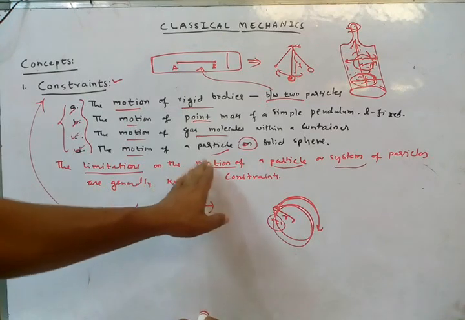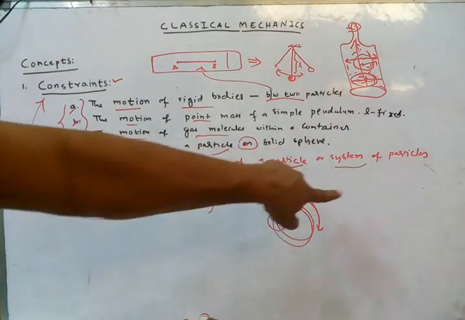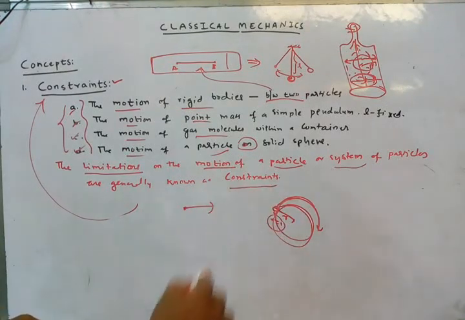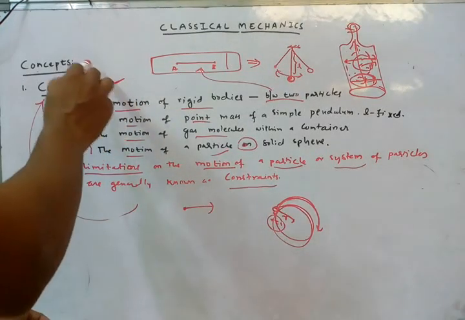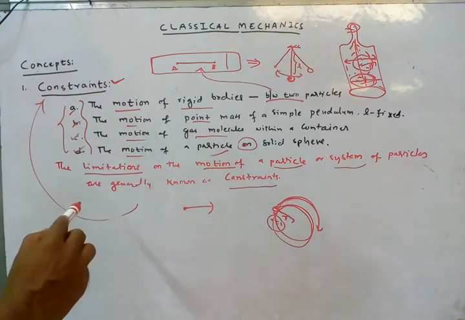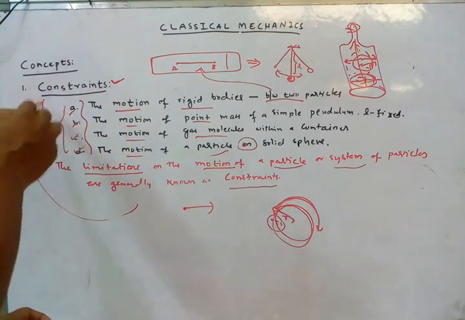The limitations on the motion of a particle or a system of particles are generally known as constraints. So this is what is discussed in this topic, the concept of constraints. In the next video I am moving to the second concept.